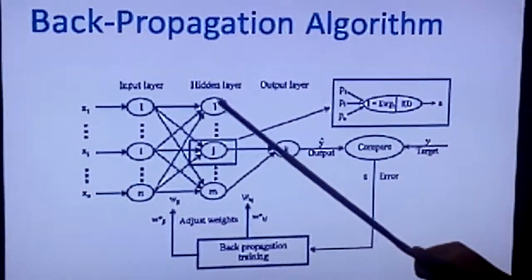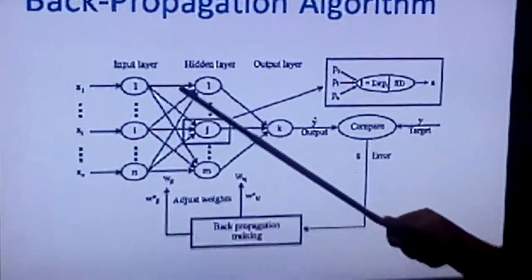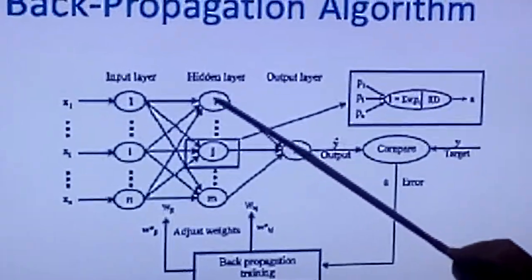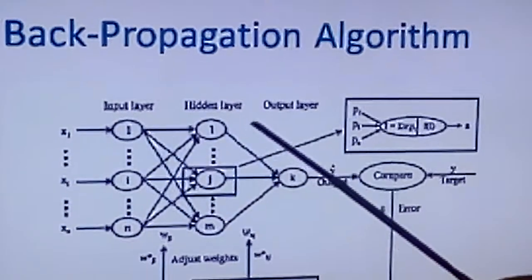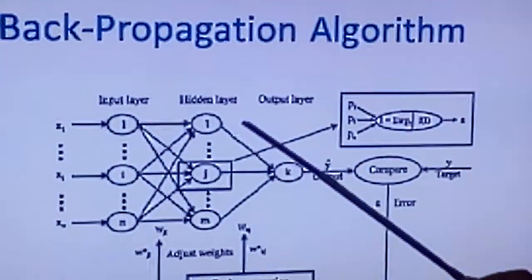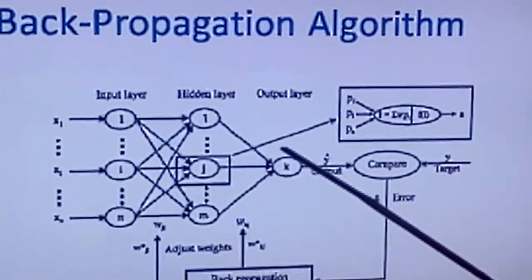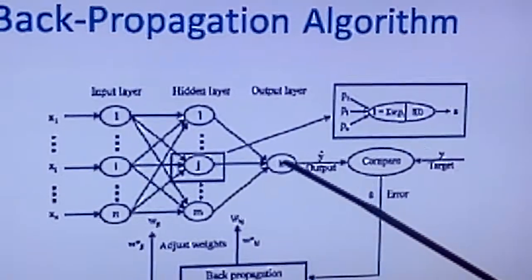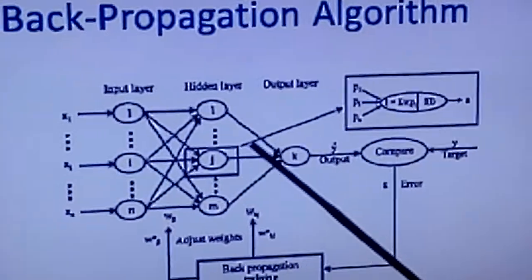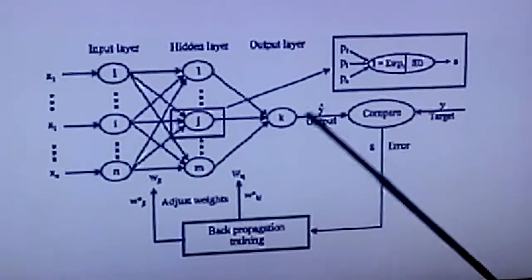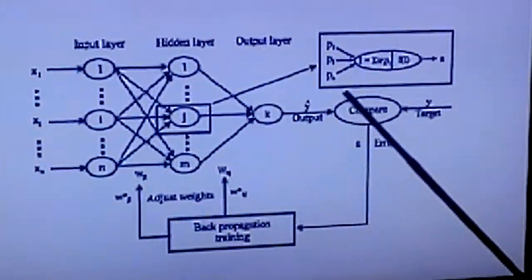Now, the hidden layer takes the output from the input layer as its input. The hidden layer processes this data and produces an output. That output is the input of the output layer. That means the hidden layer output is the input of the output layer. This whole process happens using the sigmoid function. Then our output layer produces an output.